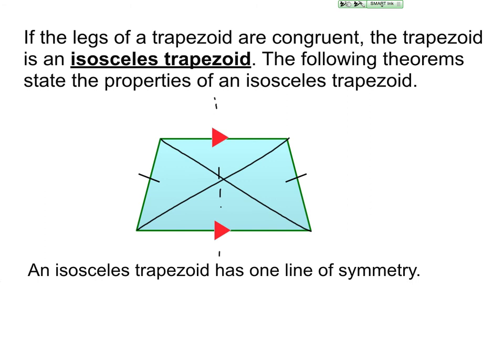No, and if I stretched it out, it would be even more obvious. Does it look like they bisect each other? No, they don't. So what's special about them is they're the same length. This diagonal total is the same as this diagonal total. That's what keeps it symmetrical.